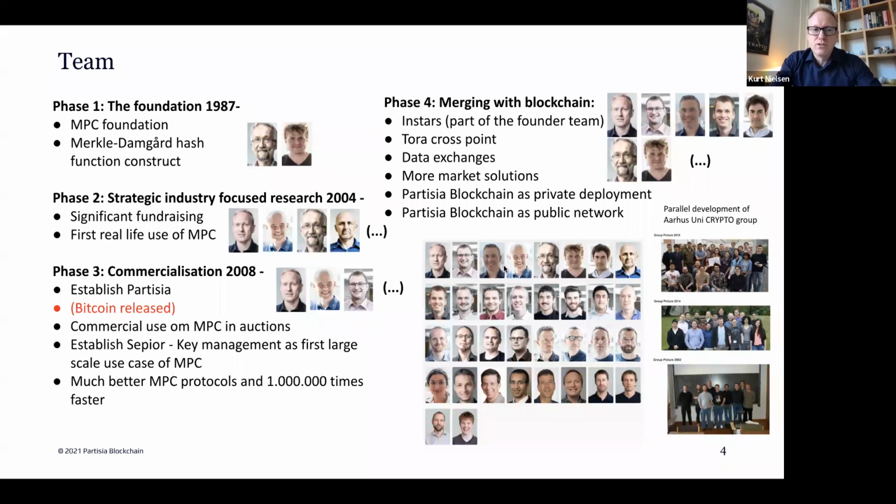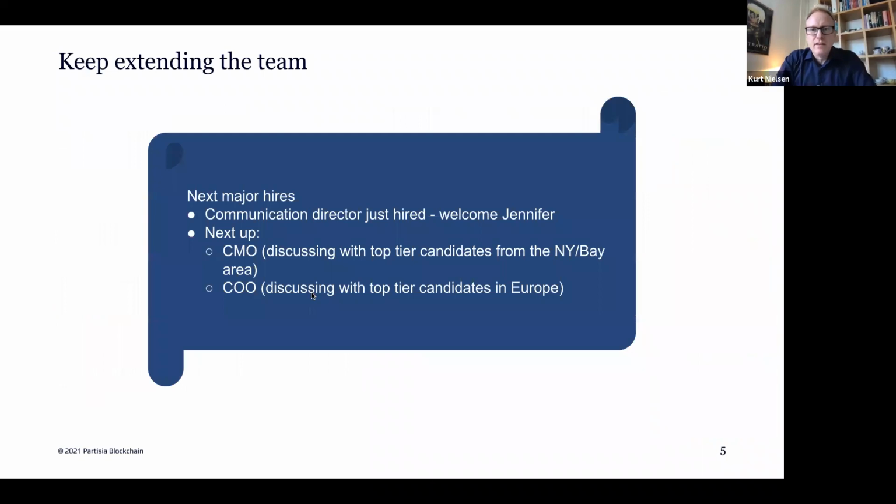This is also important for us since they are continuously educating new experts in this technology that we can hire, and it's super important. These people are the limited resource in this industry, and we have the perfect source of this. So that's the current team and story behind Partisia.